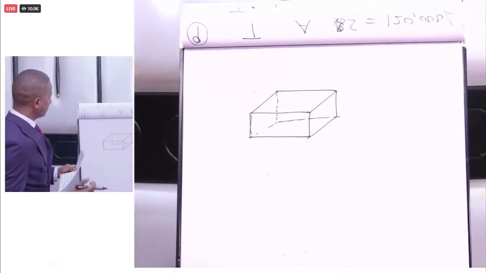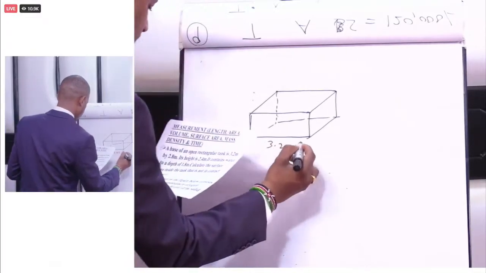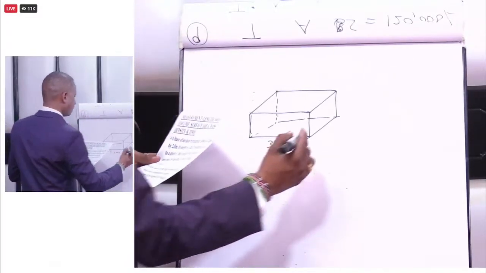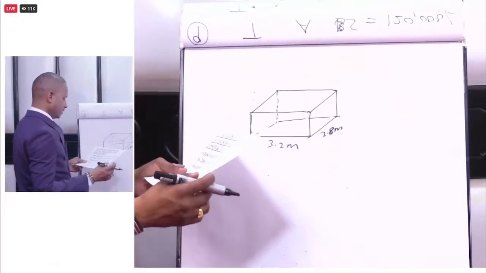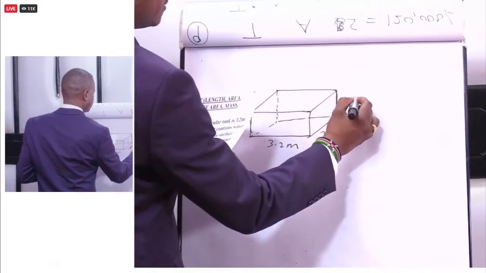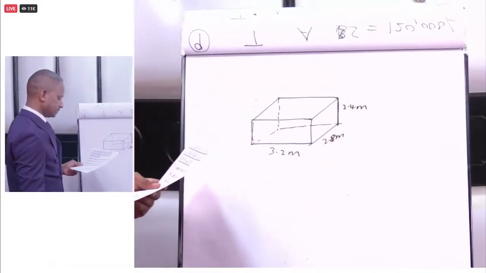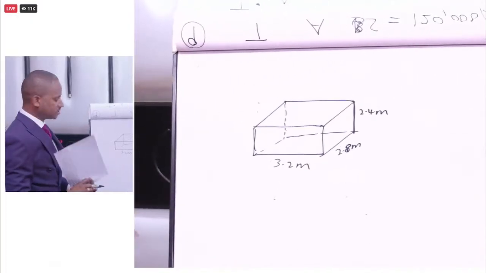This tank is 3.2 meters length by 2.8 meters width. Then you are told that the height of this tank is 2.4 meters. It contains water to a depth of 1.8 meters.